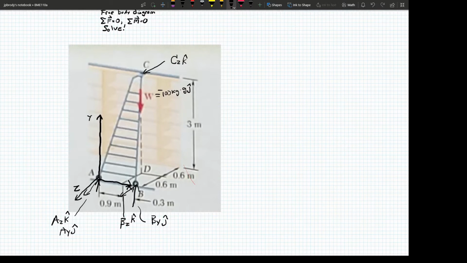Okay, so we've got the free body diagram here, and you can see all the dimensions are down here.